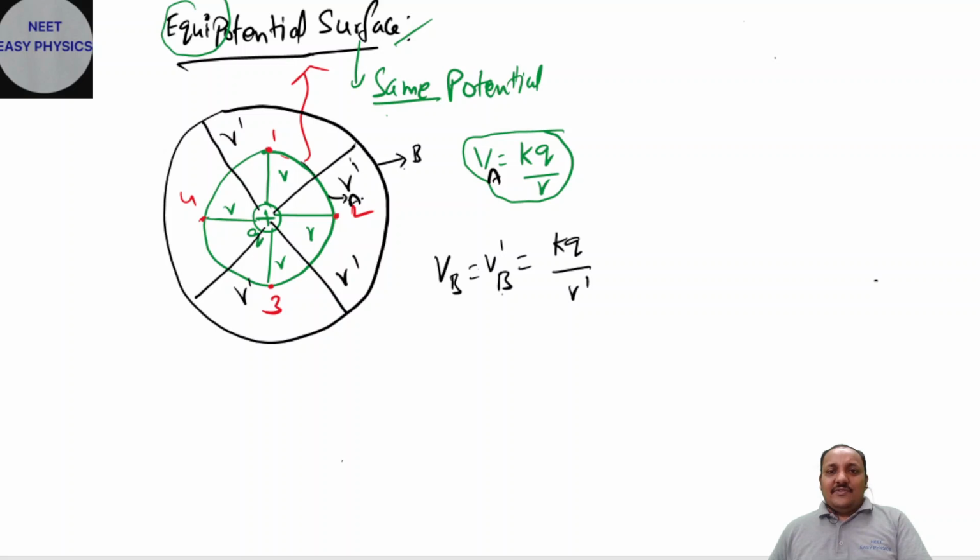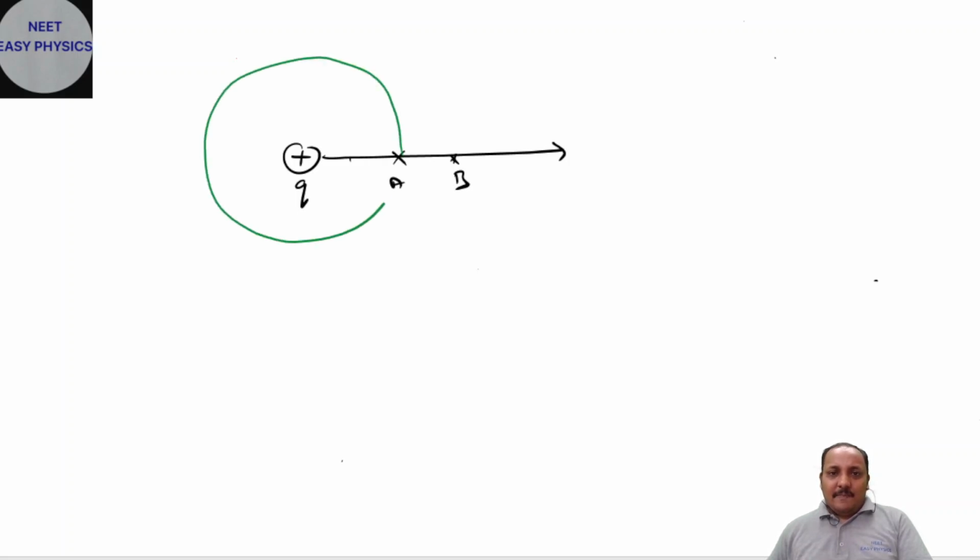So in this direction, for a positive charge, already we came to know, what is the direction of the electric field? The direction of the electric field is always away. So if you are taking two points, A and B, and you draw equipotential surfaces at A and also at B, these two are equipotential surfaces.